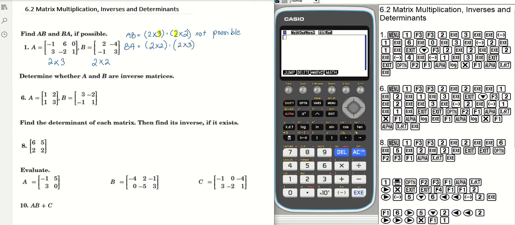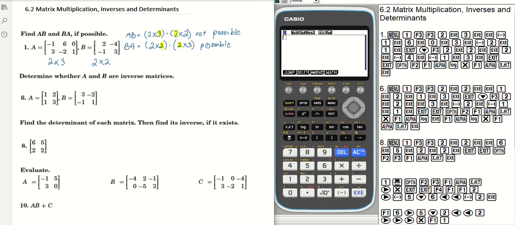The column of matrix B is 2. The row of matrix A is 2. Since it has the same number, it means it's possible to multiply matrix B multiply matrix A.